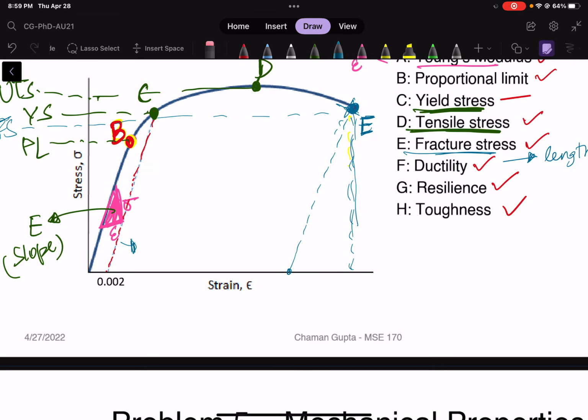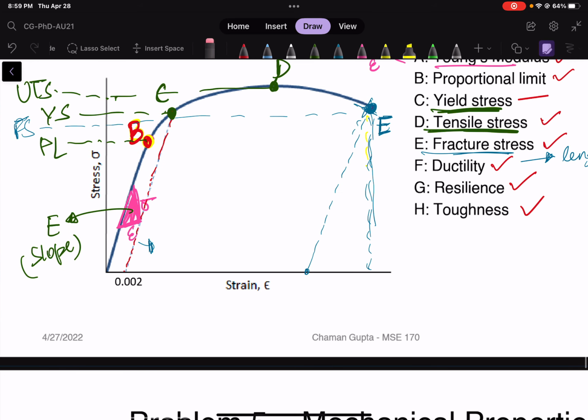So you draw this out, and you will notice that this length over here, where it intersects the x-axis, is F, or ductility. Ductility meaning that till this point you can extend your material, and this is how ductile it will be, or this is the relative change it can at max sustain, right?